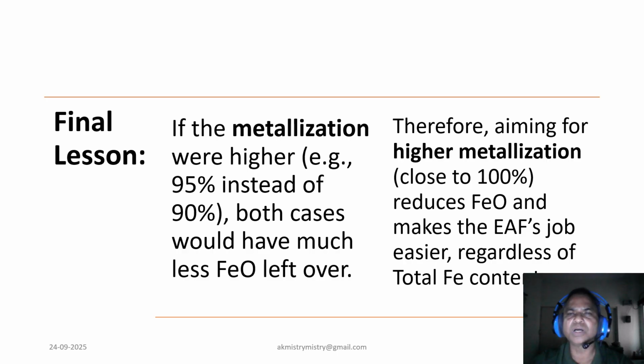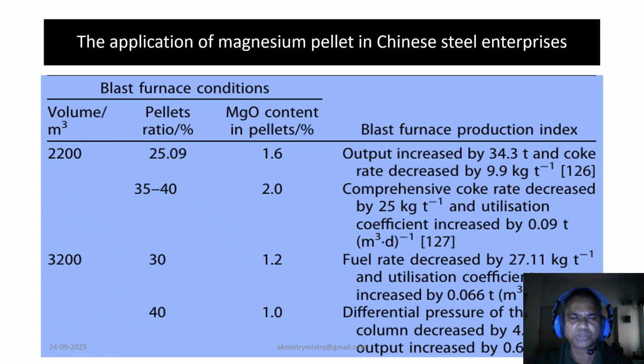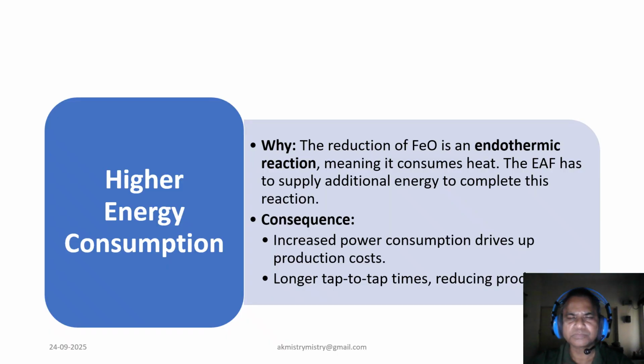Now coming to our next slide, which is about high FeO and its consequences on the slag. Because of this, FeO reacts with other elements in the EAF, such as lime, to form an FeO-containing slag.